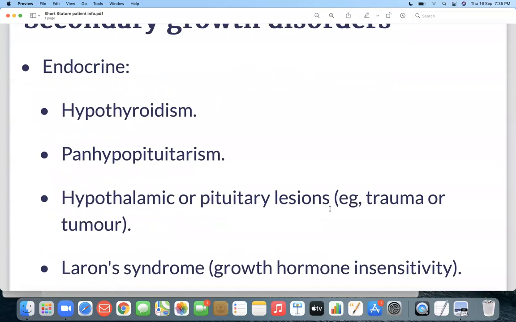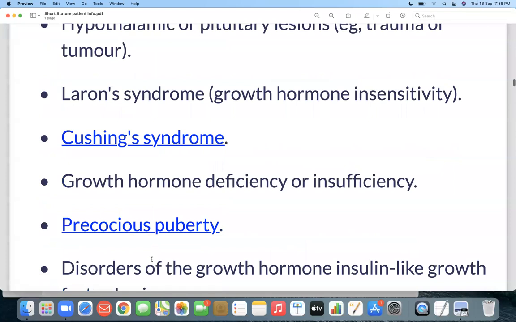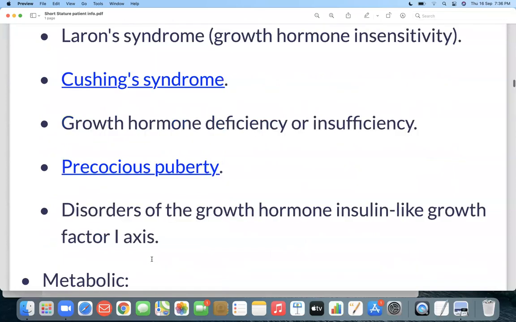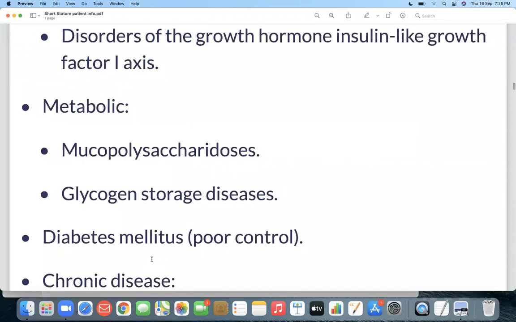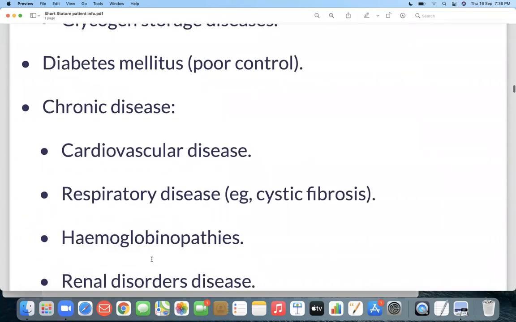For secondary, you will go for the endocrine causes like hypothyroidism, panhypopituitarism, hypothalamic or pituitary lesions, maybe tumor or trauma. Then growth hormone insensitivity, which is also known as Laron syndrome, Cushing's, growth hormone deficiency, precocious puberty, disorders of growth hormone, insulin like growth factor. Then metabolic, you can put mucopolysaccharidosis, glycogen storage disorders, and chronic diseases.